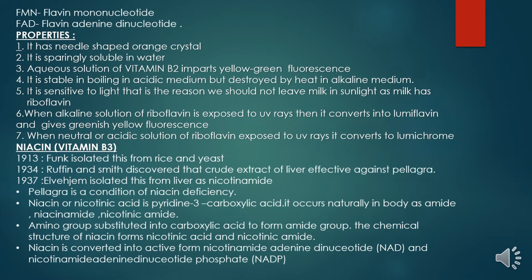Niacin is converted into the active forms nicotinamide adenine dinucleotide, that means NAD, and nicotinamide adenine dinucleotide phosphate, meaning NADP. You should remember the full forms of both these, NAD and NADP. It's very important.